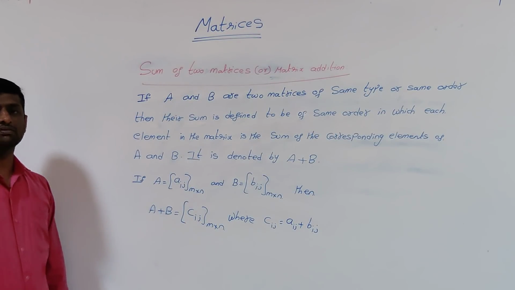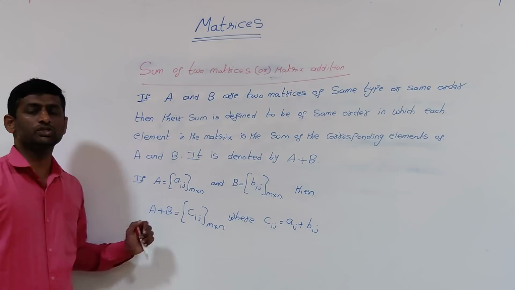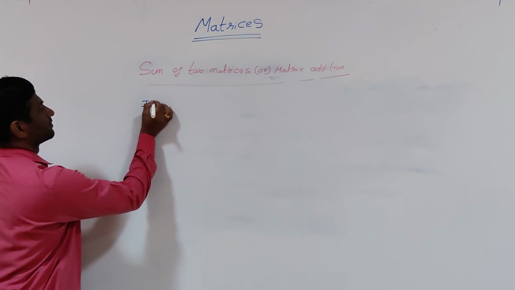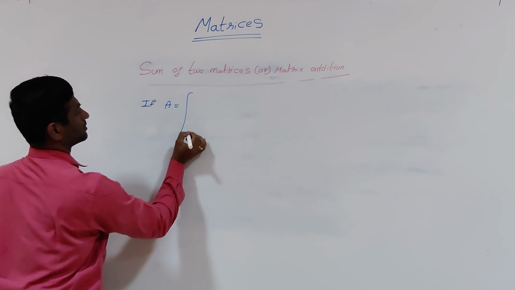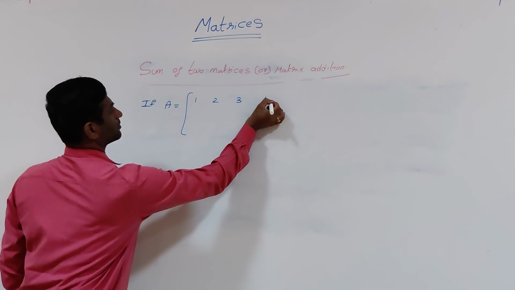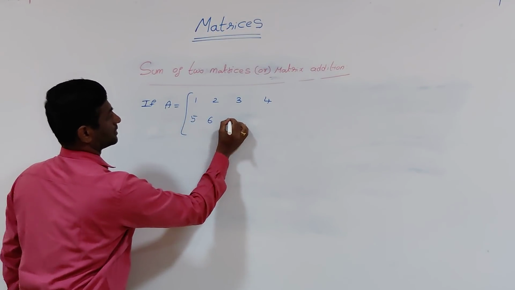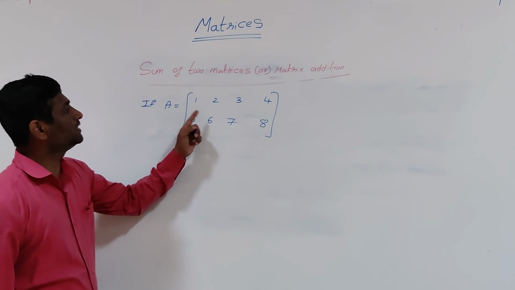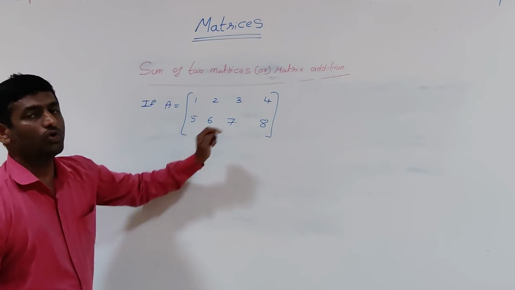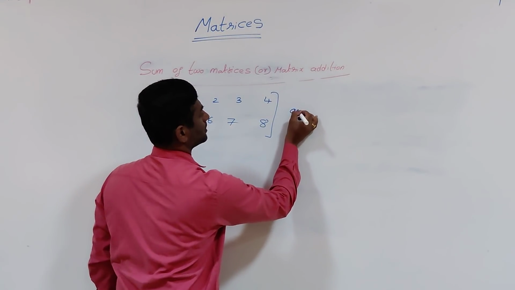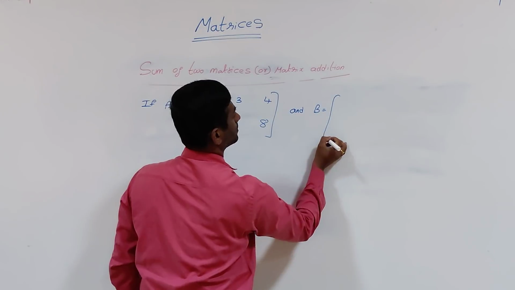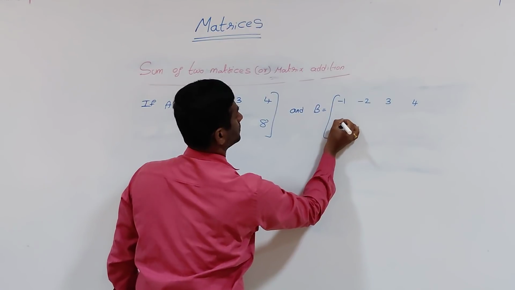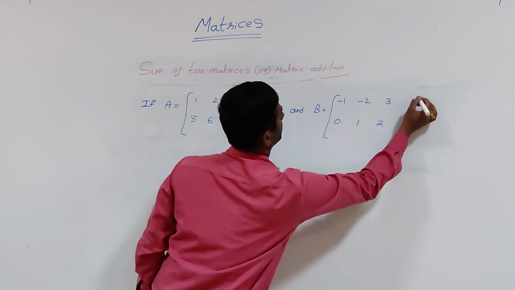Now we will see one example based on the addition of matrices. If A is equal to 1, 2, 3, 4, 5, 6, 7, 8, which is of what size? It is the size of 2 rows and 4 columns, and B is equal to -1, -2, 3, 4, 0, 1, 2, 3.